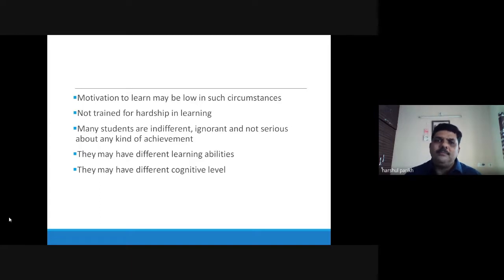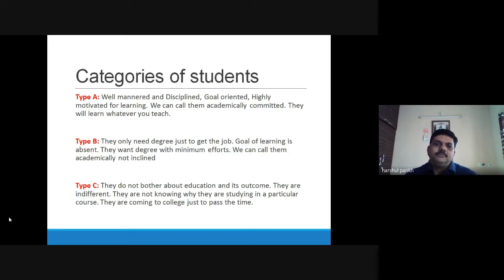And that's why the teacher can play the role of facilitator. Basically, there are three categories of students. One is type A. These students are well-mannered, well-disciplined. Their academic goal is clear.